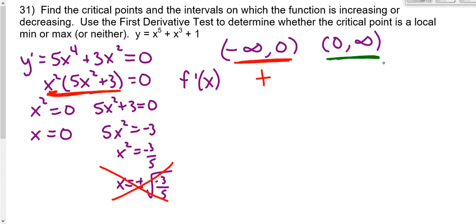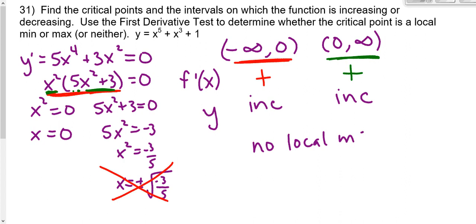How about if I pick positive 1? Positive 1 squared is positive. Positive 1 squared times 5 plus 3 is positive. Positive times positive is positive. Okay, so this graph, f of x, or y, whatever we're calling it, is going from increasing to increasing, so there are no local maxes or mins, no local extrema.